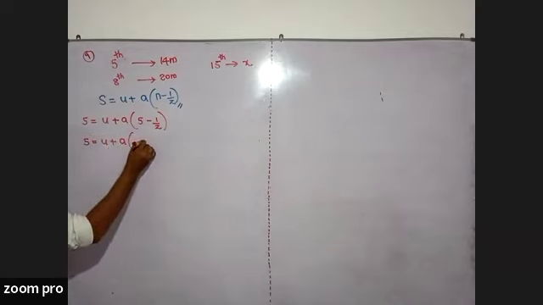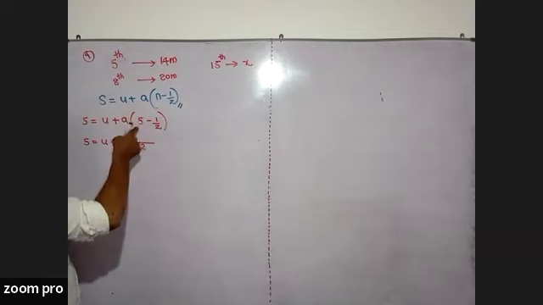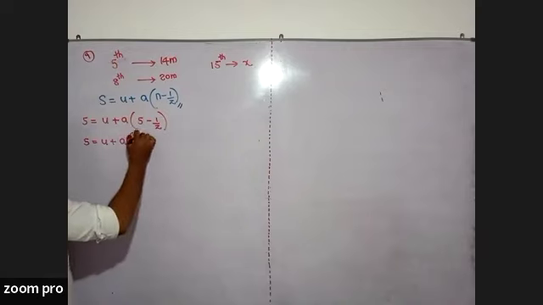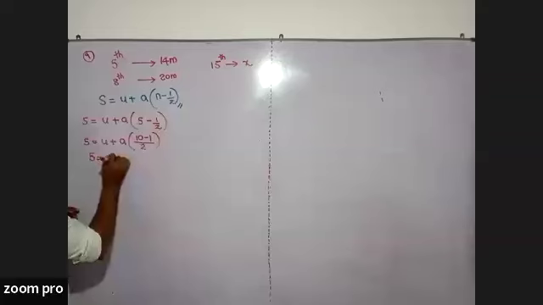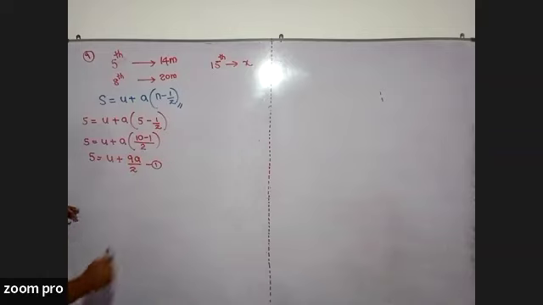If I consider the common denominator, it should be 2. To convert this 5 into 2, it should be multiplied by 2, isn't it? So that means 10 minus 1, so 14 equals u plus 9a over 2. This is the first equation, right?